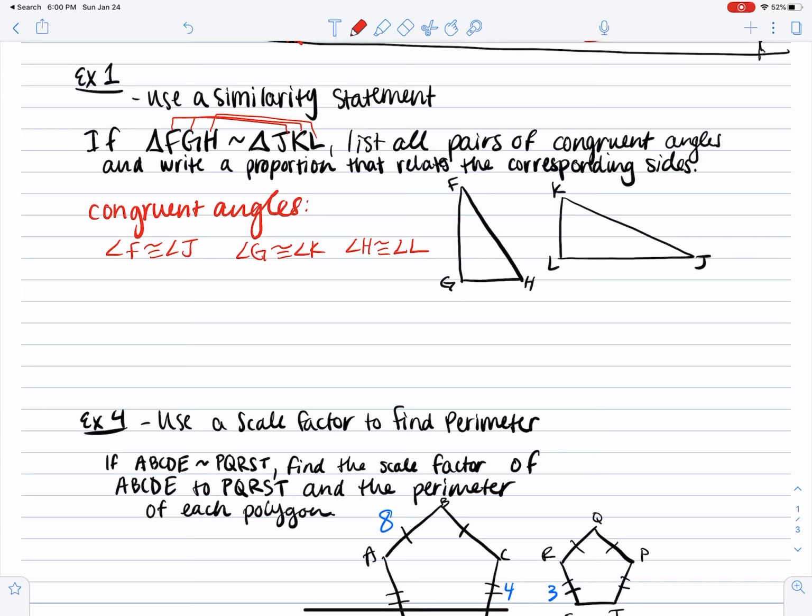Okay, and then the proportion we can write for sides, so proportional sides. Remember, order matters, so FG matches with JK, which is proportional to GH over KL, and HF over LJ.